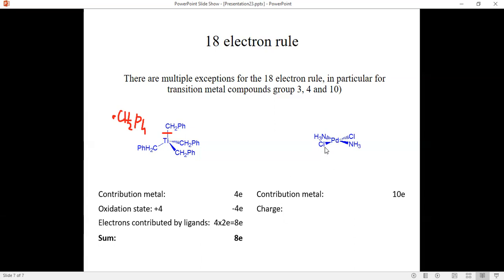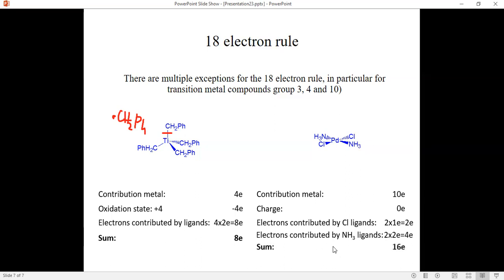Then, applying the neutral atom method, the charge is 0. The 2 chloro ligands contribute 1 electron each, so that's 2. And the amine ligands contribute 2 each, which is 4. This gives 16 valence electrons.